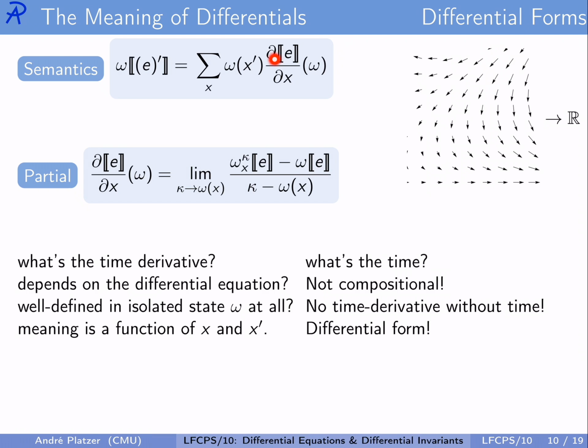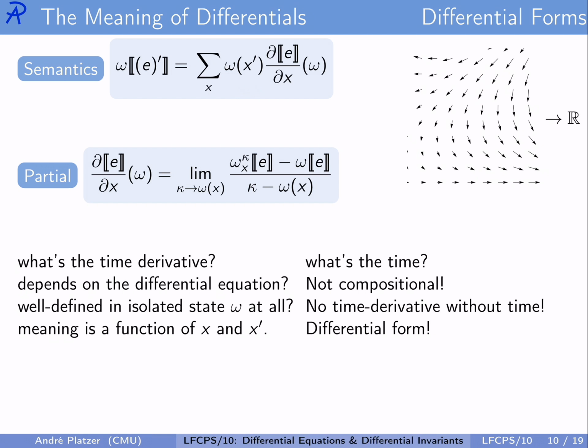Just how does the value of e change as you're changing x in the current state, multiplied with the value that the x prime variable has, which is reflecting intuitively at the moment in the state we're currently talking about. Remember this picture, what direction is x evolving into.